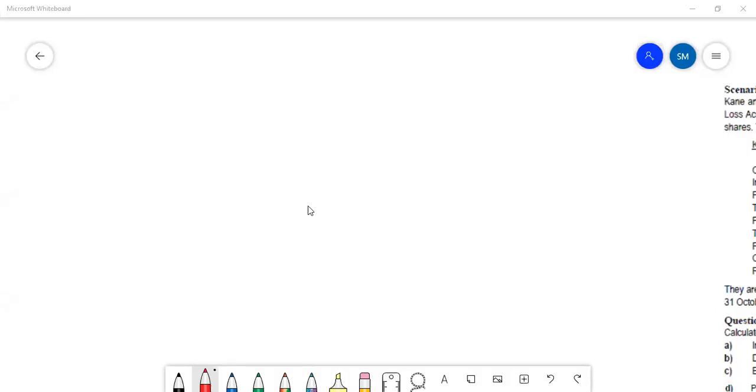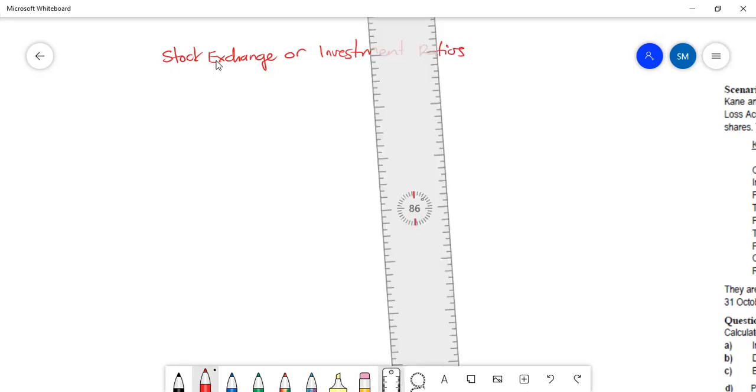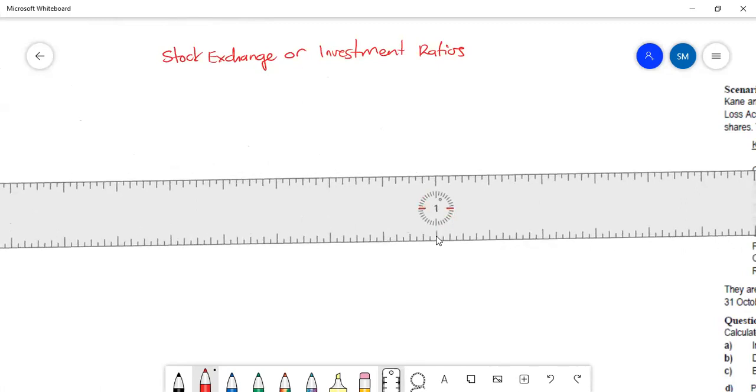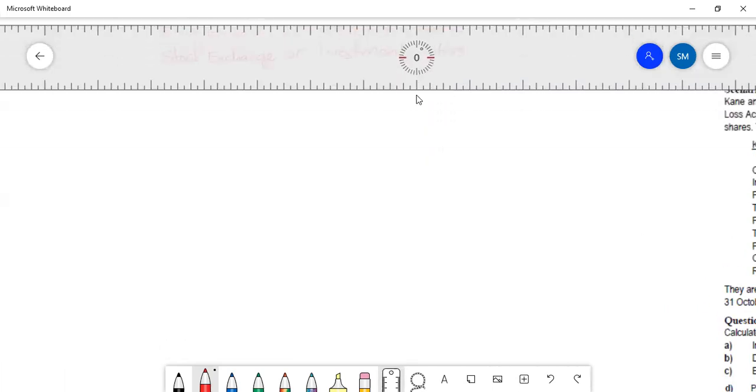So we are looking at stock exchange or investment ratios. They call them stock exchange or investment ratios for a reason.